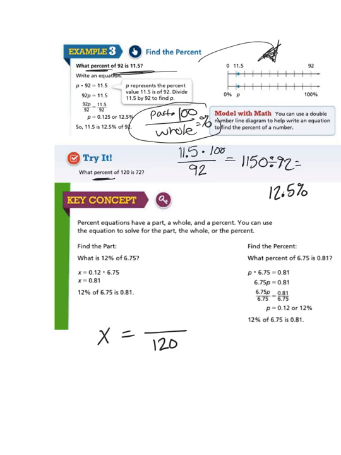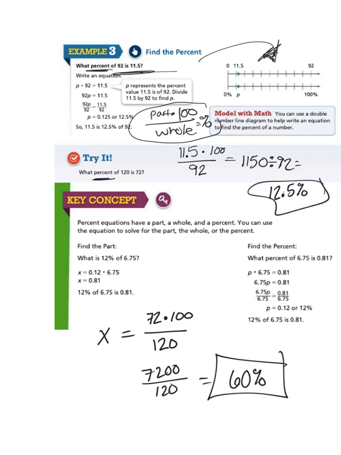So 72 times 100 on your calculator is 7,200, divided by 120 equals 60%. You must notice, when it's asking you for the percent, you have to write the percent sign or it's incorrect. That concludes our lesson for the day.